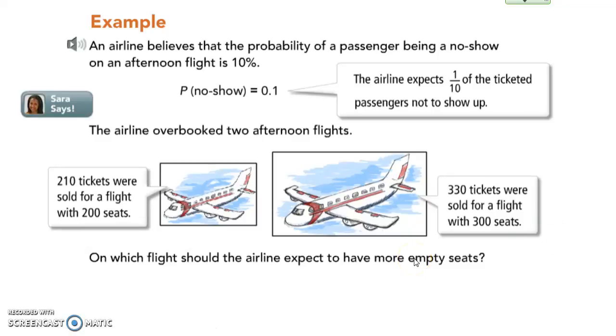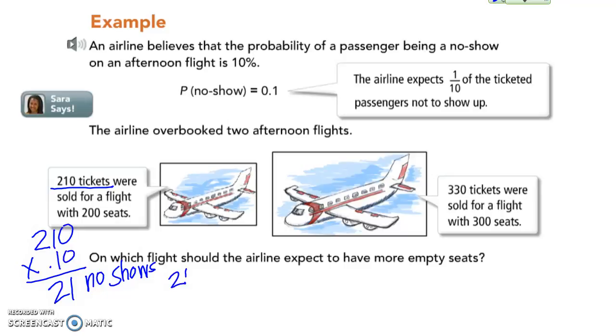So if we multiplied the 210 tickets for airline A times 10%, that would tell us that we would expect 21 no-shows.